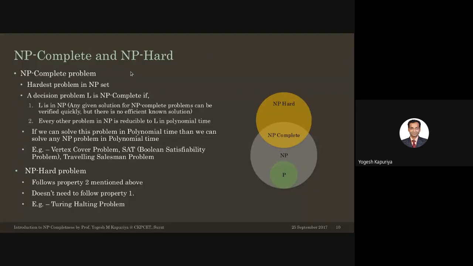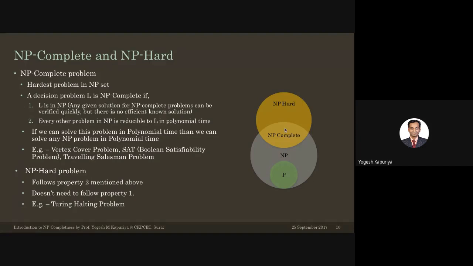Why is this concept introduced, or why this theoretical imagination? It is basically a theoretical foundation for the concept that if we can solve an NP complete problem, then we can solve any NP problem in polynomial time. So for example, the vertex cover problem, the Boolean satisfiability problem, the traveling salesman problem, all of these fall under the category called NP complete problems.